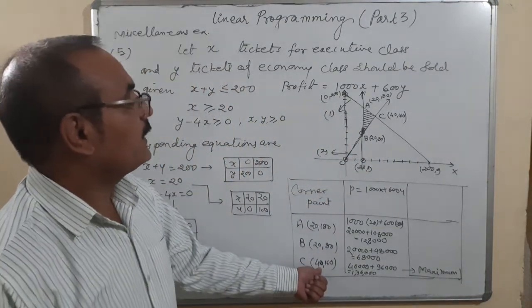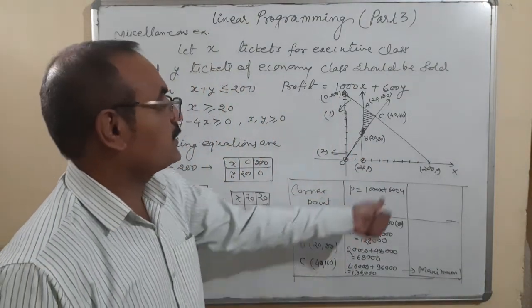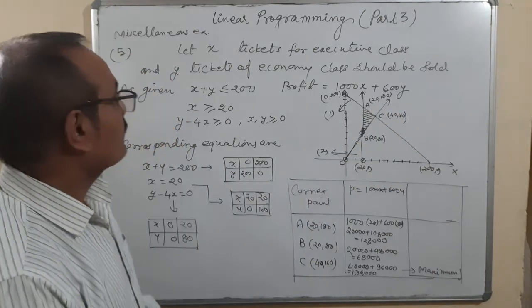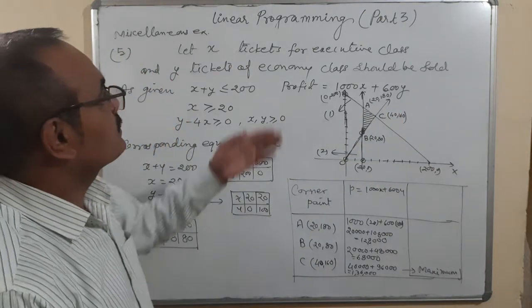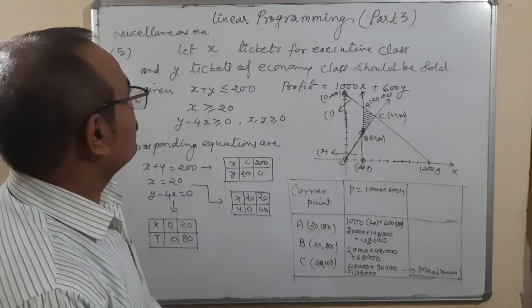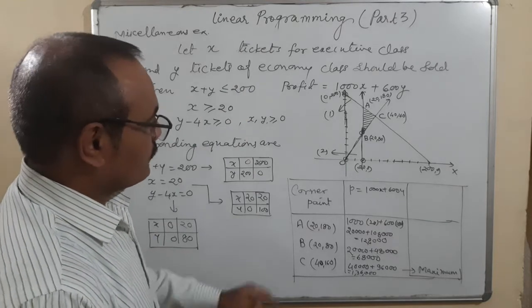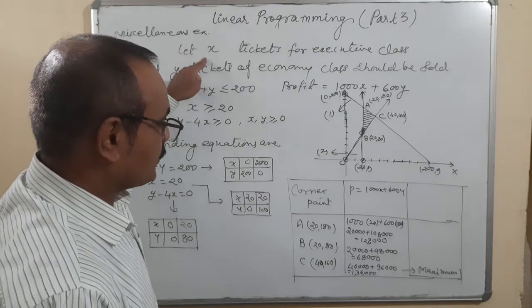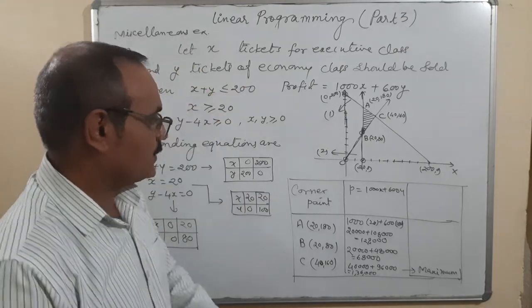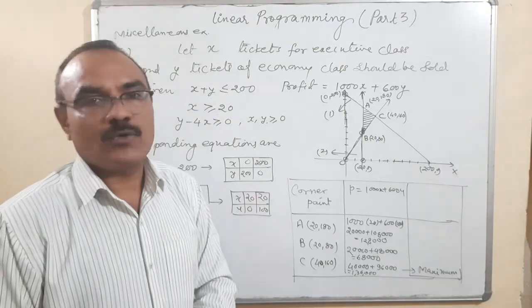Maximum at x is equal to 40 and y is equal to 160. x is equal to 40, that means 40 tickets should be sold for executive class and 160 tickets should be sold for economy class.